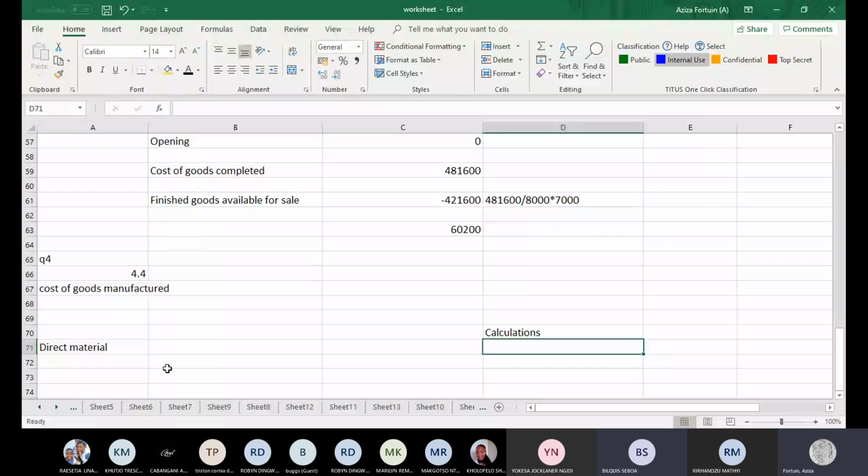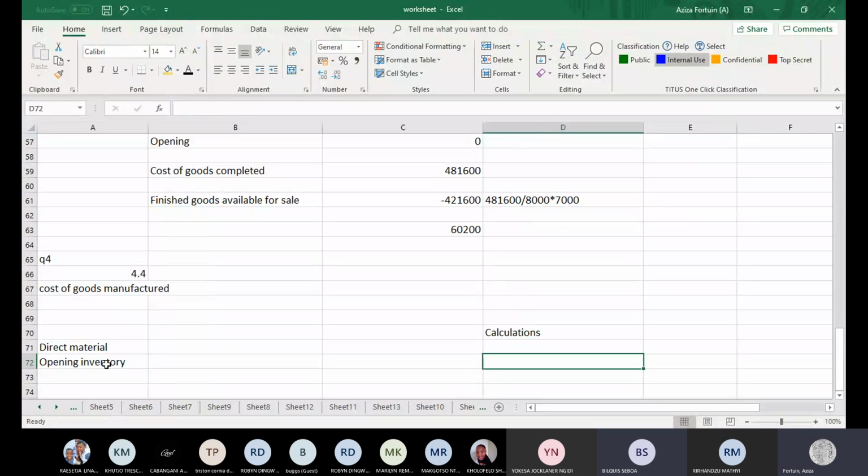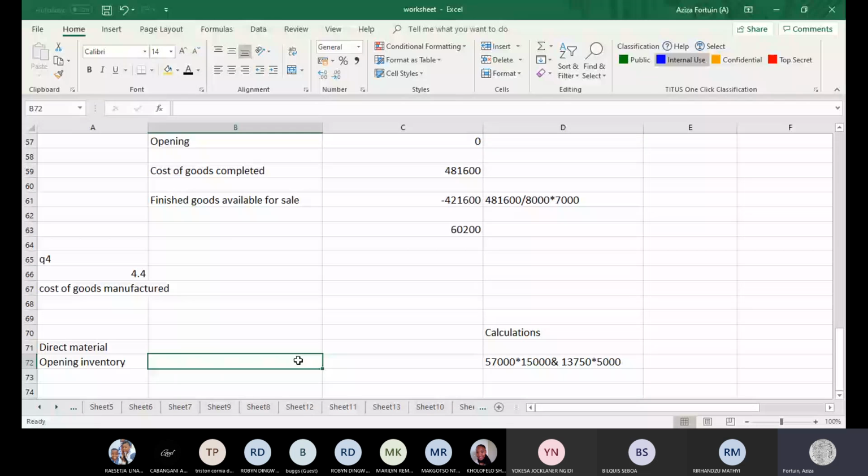Hi, Aziza. The opening inventory is 70,750. And if you look on page 246, it says component KKK, which is 15,000 units, and component MMM, so it's 57,000 plus the 13,750. Can you see my screen? Yeah, I can see it. So the 57,000 and the 13,750 will give you your opening inventory of 70,750.